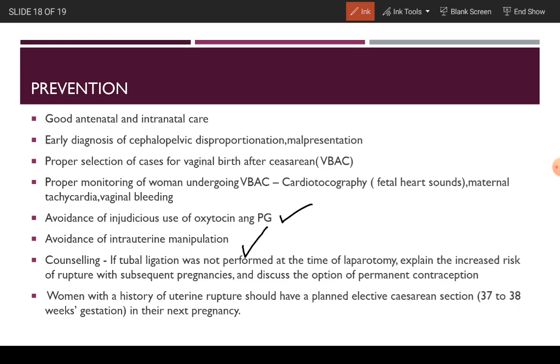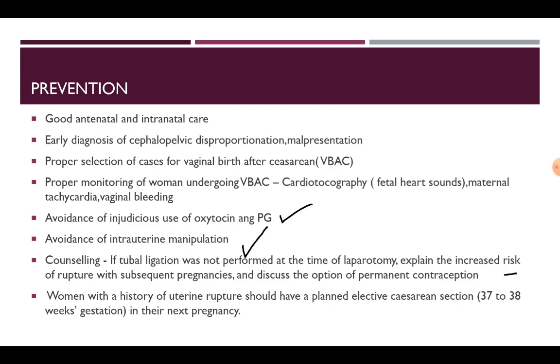In case tubal ligation was not done, there is again a risk of rupture in the subsequent pregnancy. So when a lady has had uterine rupture in the previous pregnancy, it is better to take her for a CS rather than a vaginal delivery, because we know it is a great risk factor.